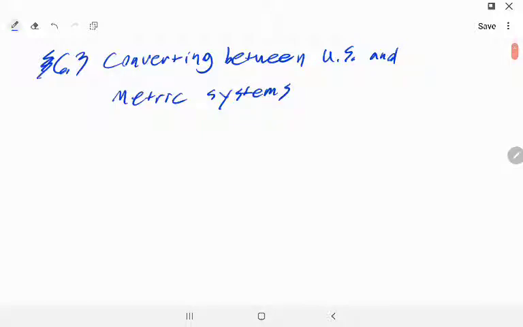So we notice that we've got some conversions. We know 1 mile is approximately 1.6093 kilometers.